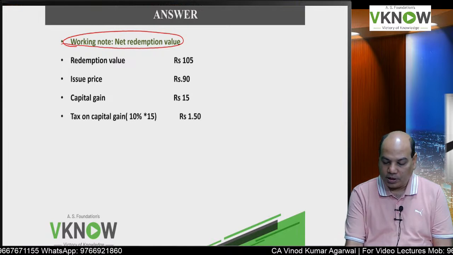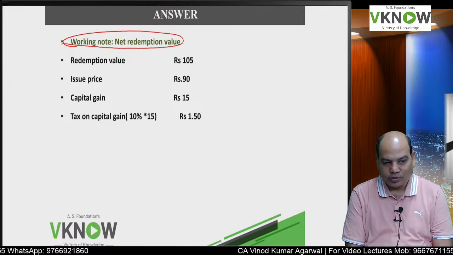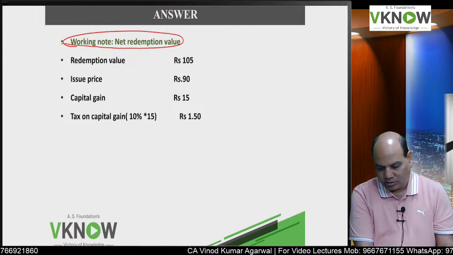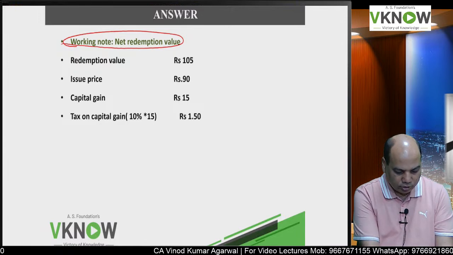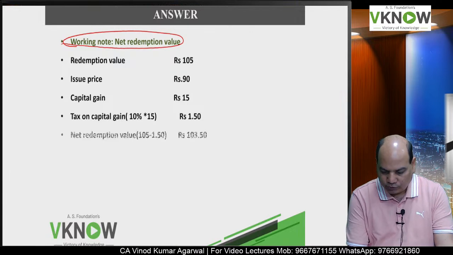So on capital gain you will pay tax. Tax on capital gain will be 10% of 15, which is 1.50.